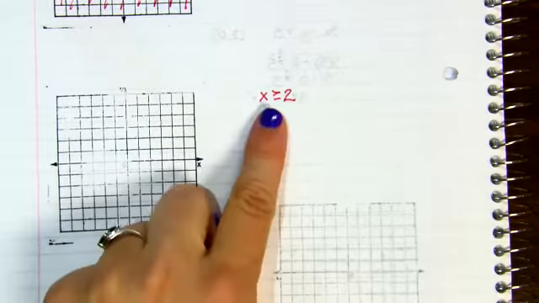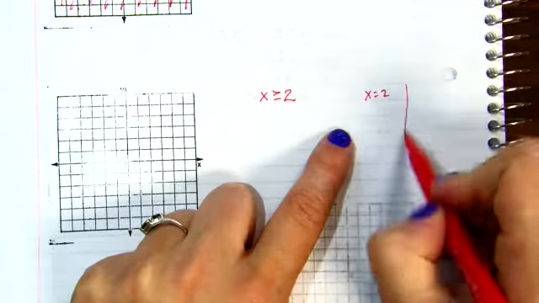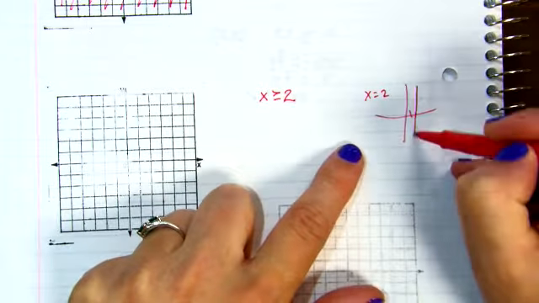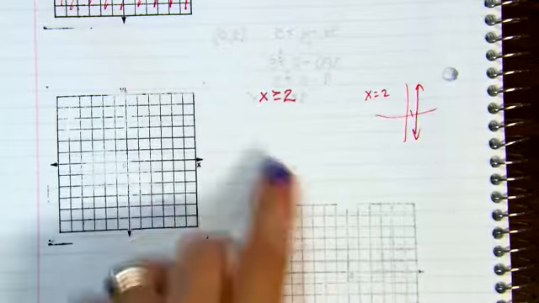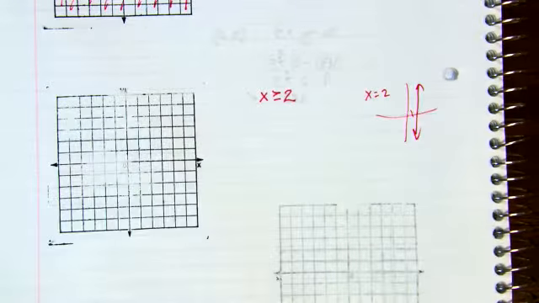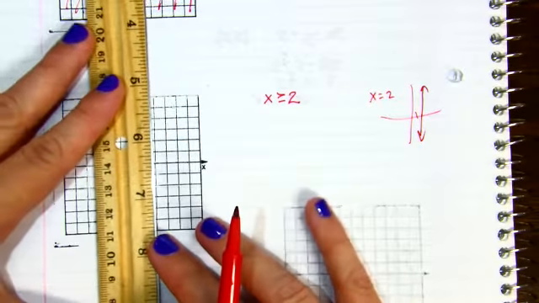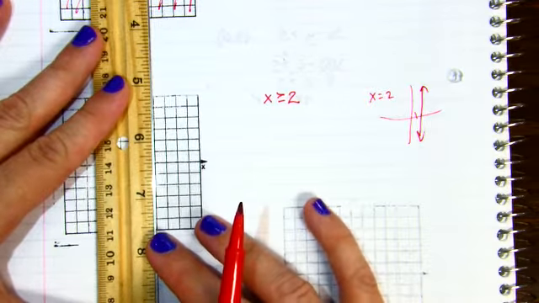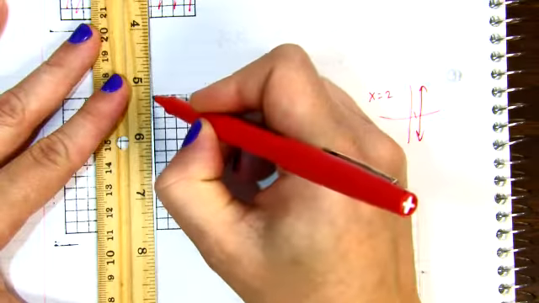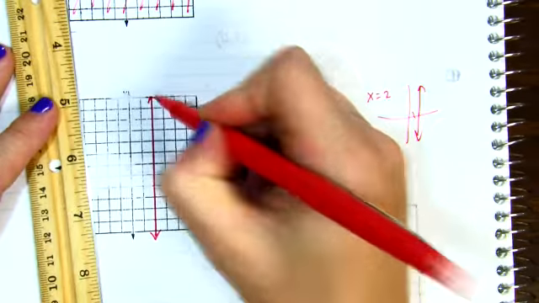This is going to be a vertical line, because if you think about what x equals 2 looks like, it's going to be the line that looks like that. But in this case, it's x is greater than or equal to 2. So now, there's 0, 1, 2. Because it's or equal to, I have a solid line that I'm going to draw.